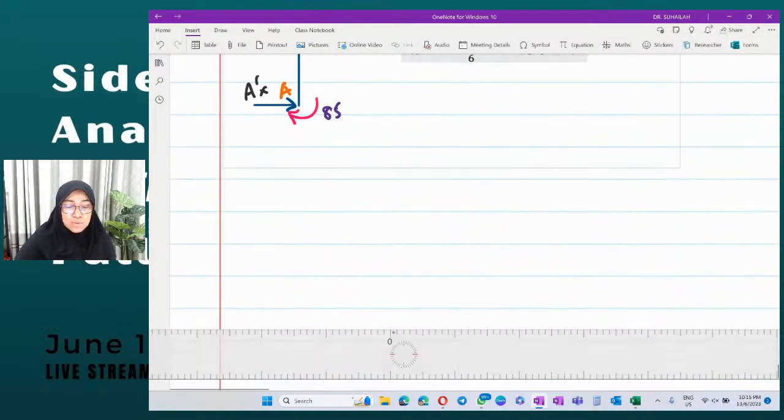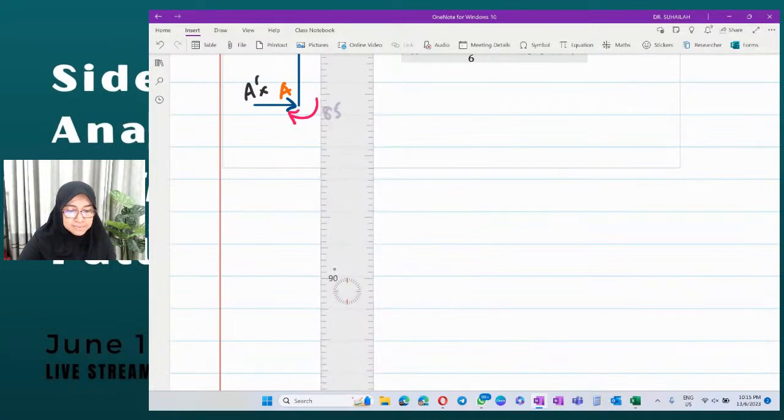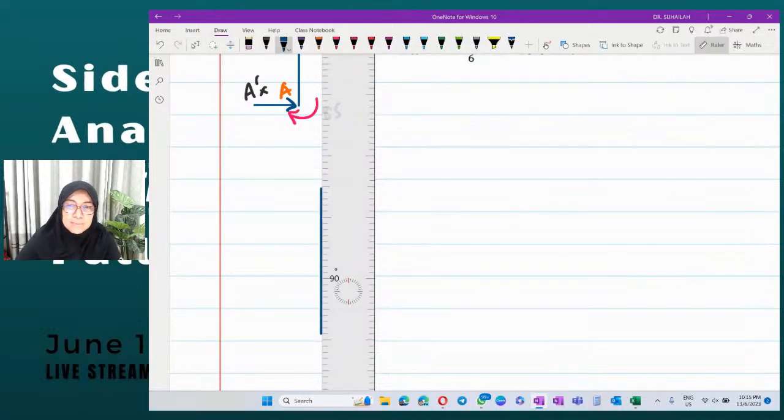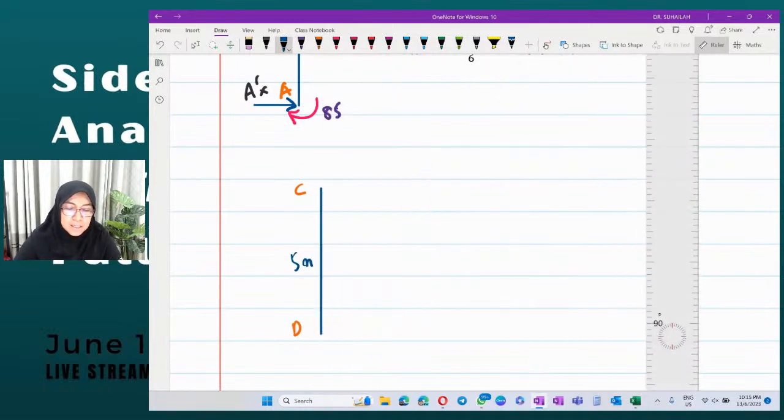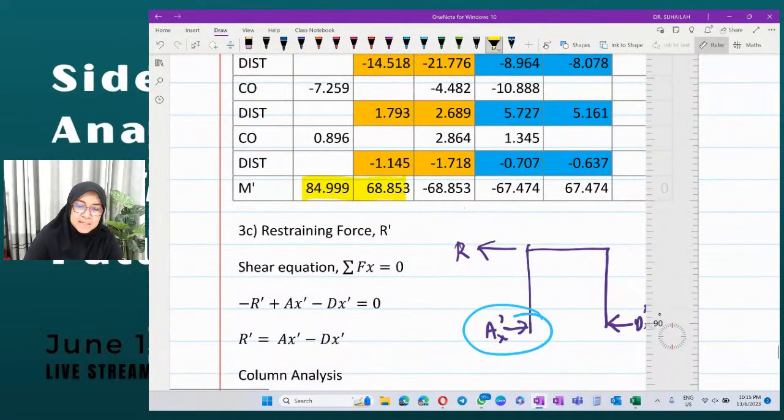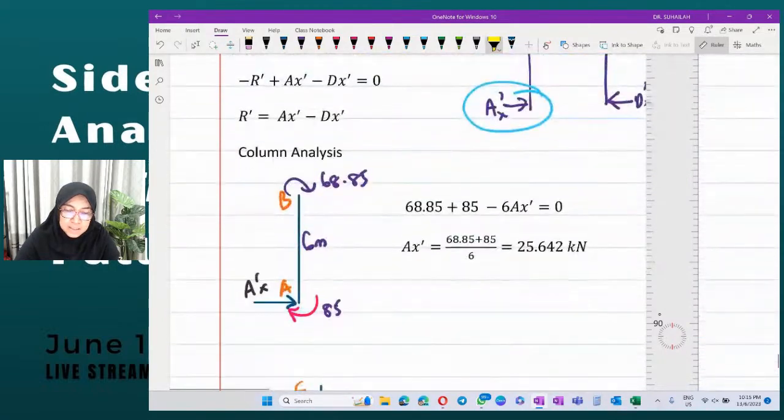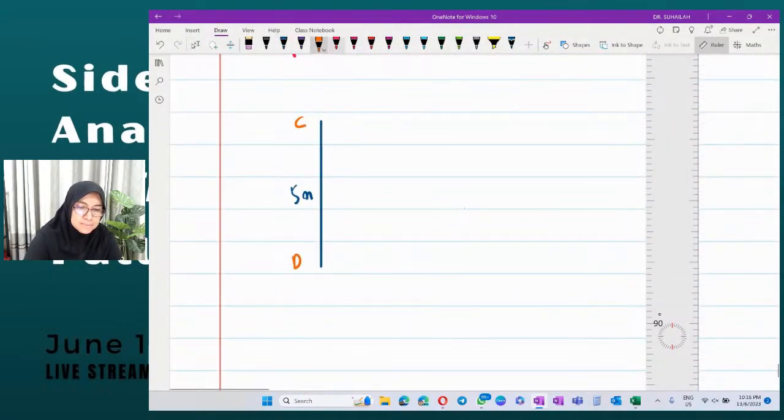So we do another one for column CD. We get C here and D. The length is 5 meter. The moment at C is 67.47, clockwise.